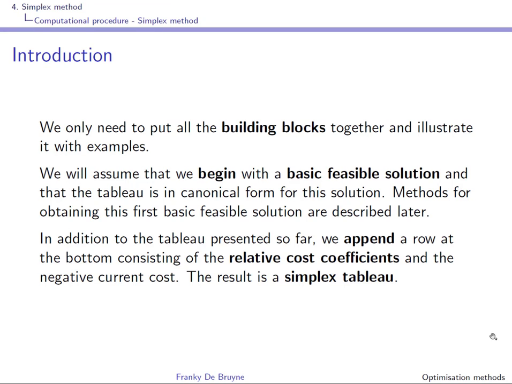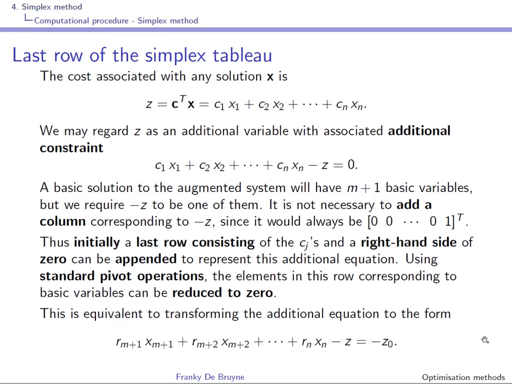At the bottom right we will see the opposite of the current cost. This tableau with this row at the bottom is the simplex tableau. We have now to introduce the cost in our tableau so that it becomes the simplex tableau.